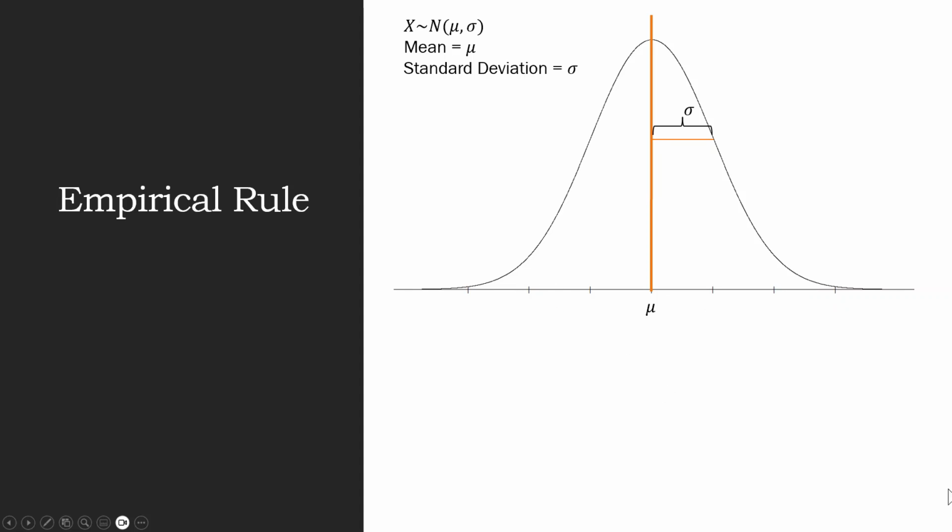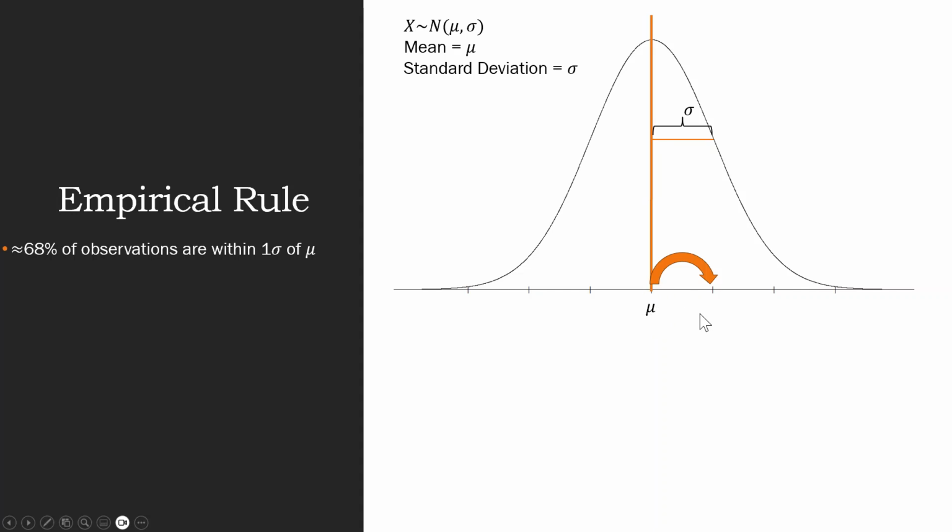The empirical rule helps me get some information so that I can find the proportion of individuals that are between certain values. The empirical rule says that approximately 68% of the observations are within one standard deviation of our mean. So if my mean is in the center and I want to be within one standard deviation of my mean, I can go one standard deviation above the mean.